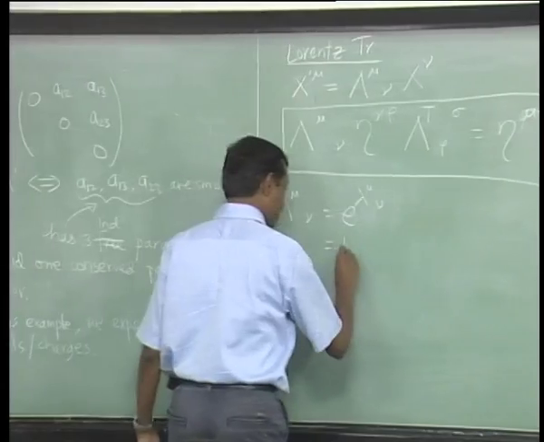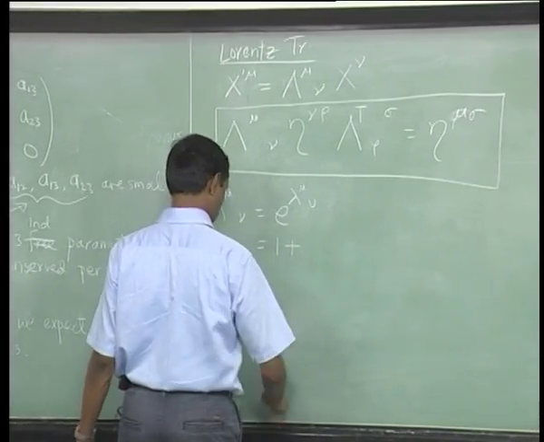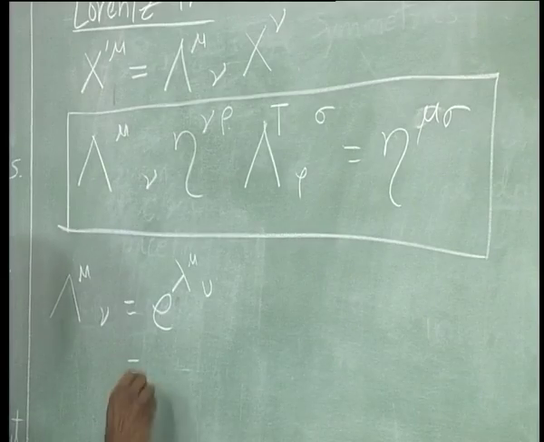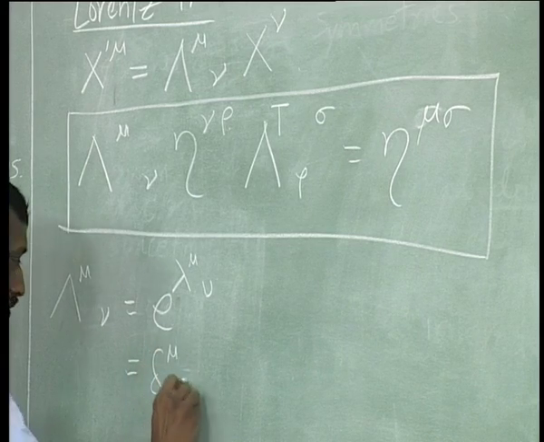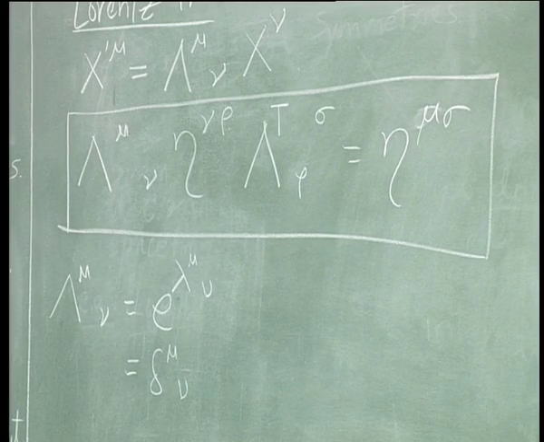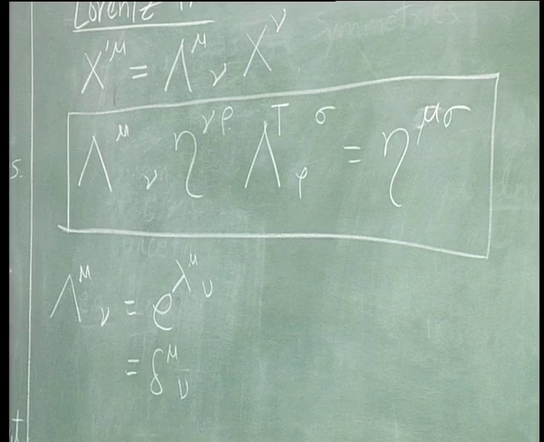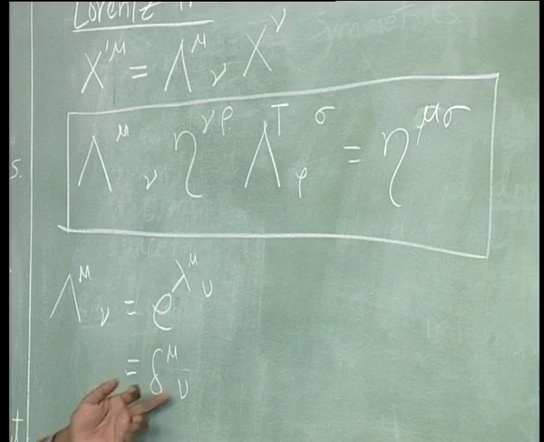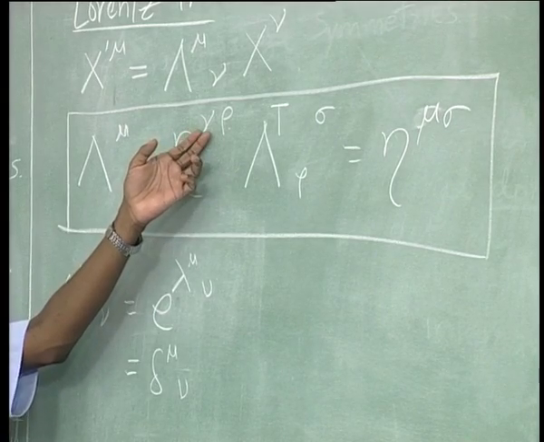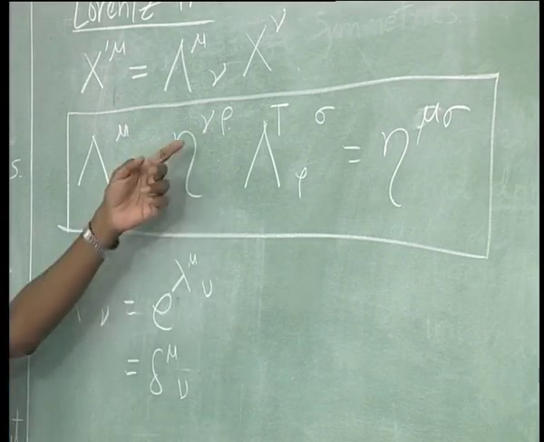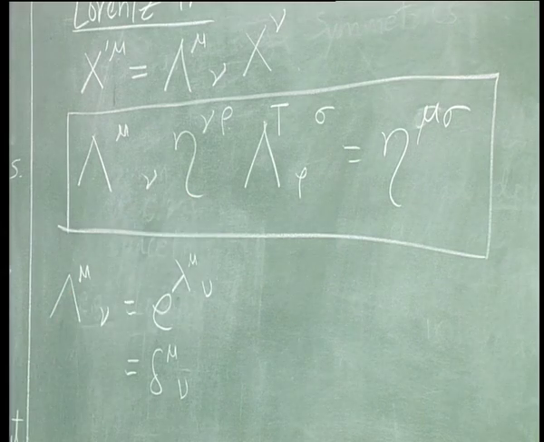Okay. So, I just write here 1 plus, and by 1 I mean really delta. Another thing to remember is that if you have one upper and one lower, it has to be a Kronecker delta. If it is 2 upper, it should be an eta. If it is 2 lower, it has to be an eta again.